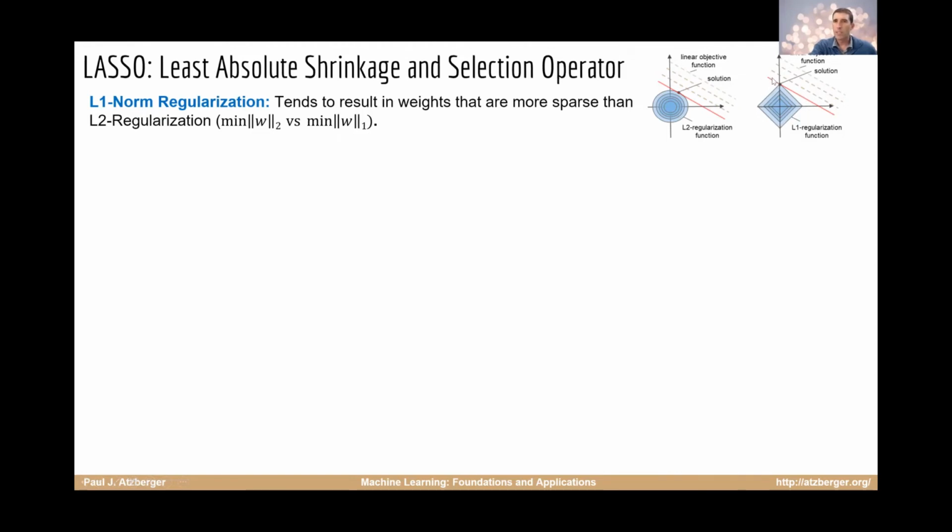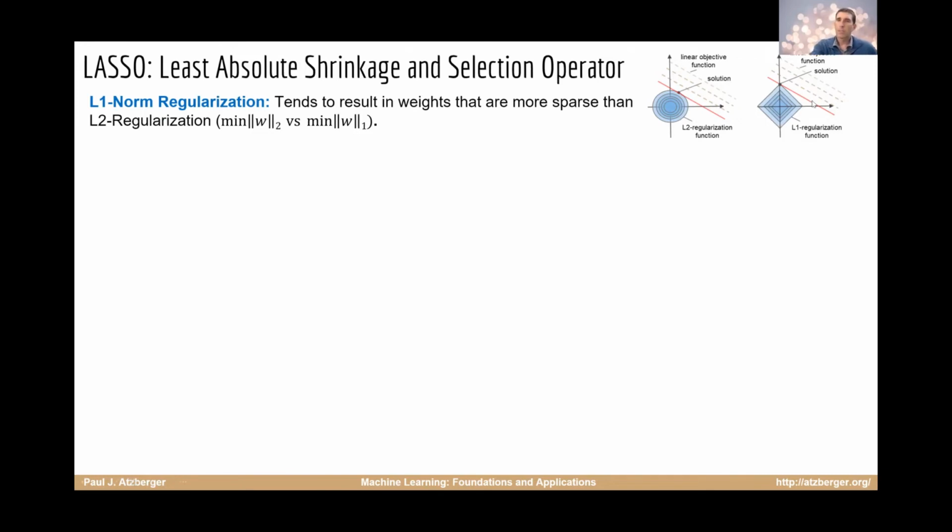Now, if I look at this curve in red here, this is a value of the objective function. If I now look at what point on this red curve has the smallest L1 norm, those points will tend to get pulled towards the coordinate axes. And so this qualitative difference has really profound implications in practice, because if I'm pulled to a coordinate axis, what happens to many of my weight components?